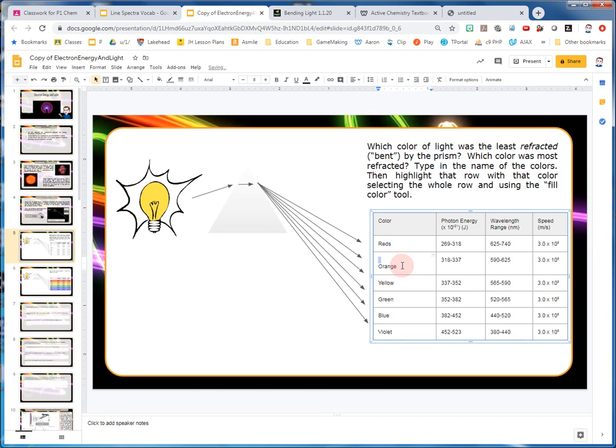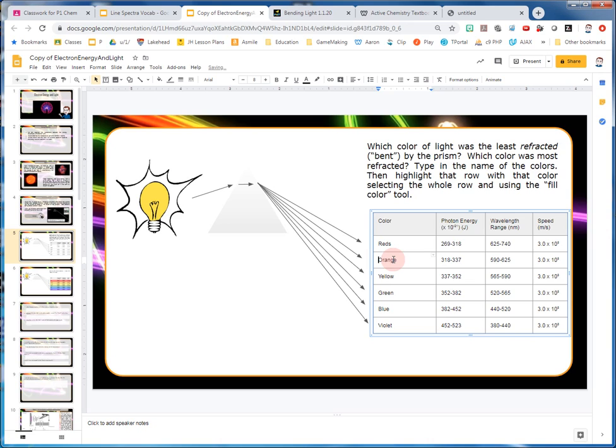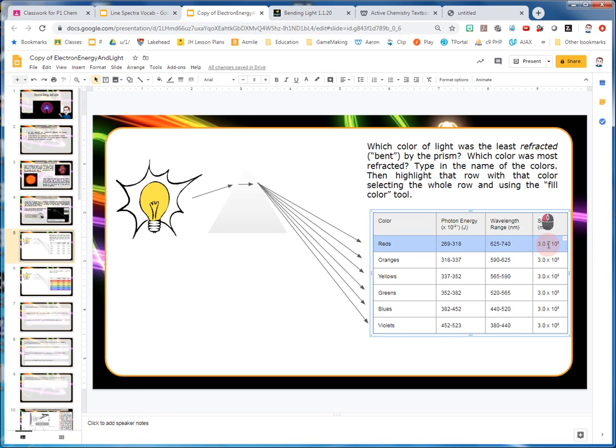And so this group is actually the reds, the oranges, the yellows, the greens, the blues, and the violets. And I asked you to go ahead and color these rows with the respective colors.